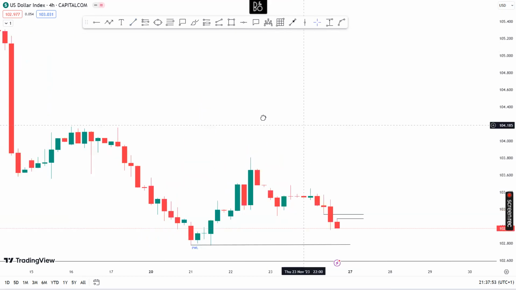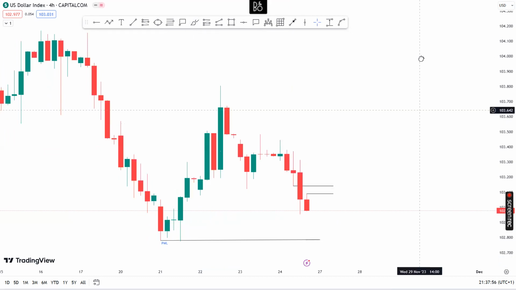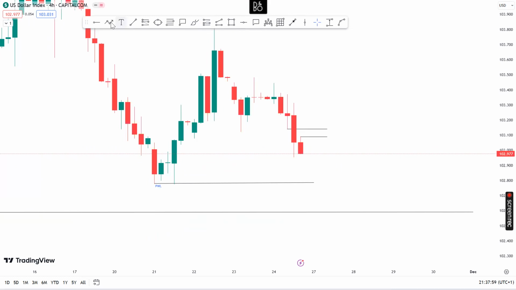Now in DXY, I'm expecting DXY to give me something like this from the hourly time frame, push back into this 4-hour, then come back to take out our previous day low, something like this.